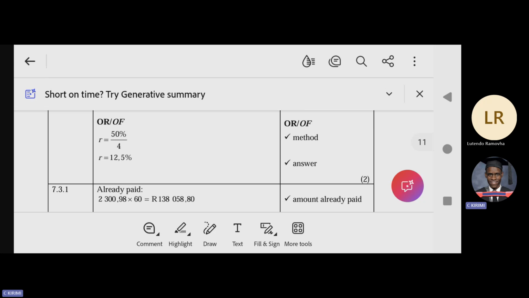So already 5 years, it's how many months? It's 60 months.